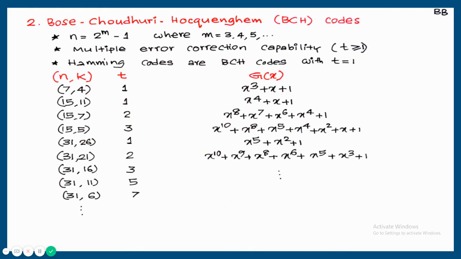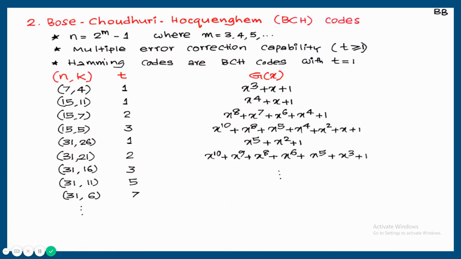Second topic is BCH codes, that is Bose-Chaudhuri-Hocquenghem code. This is a special type of cyclic code. For BCH code, n is always 2 raised to m minus 1, like 7, 15, 31, 63, 127, etc. And there are multiple error correction capabilities, because all these numbers are valid for Hamming code also.